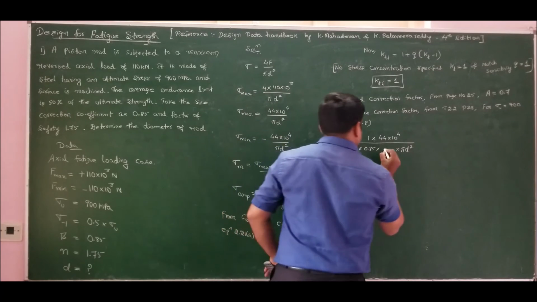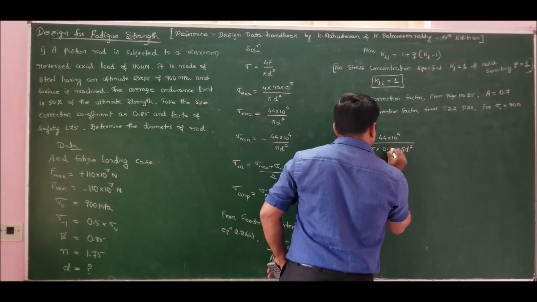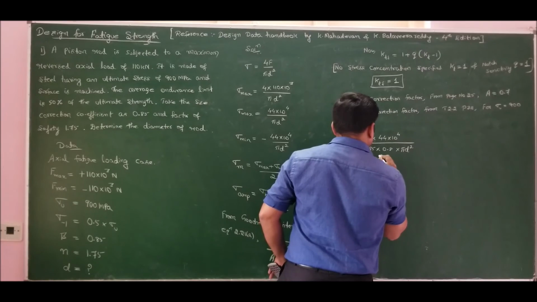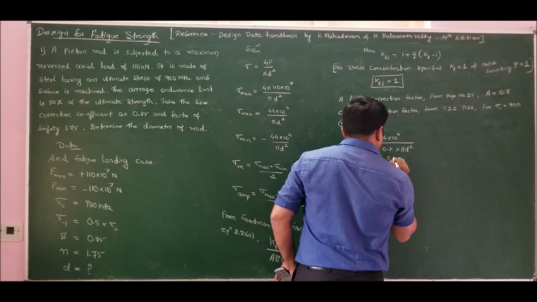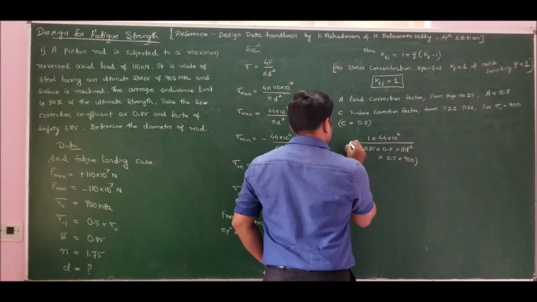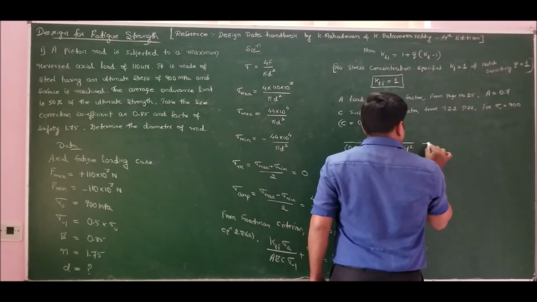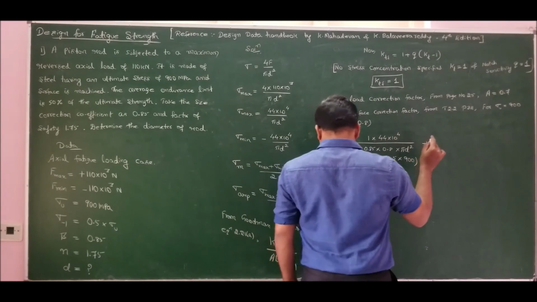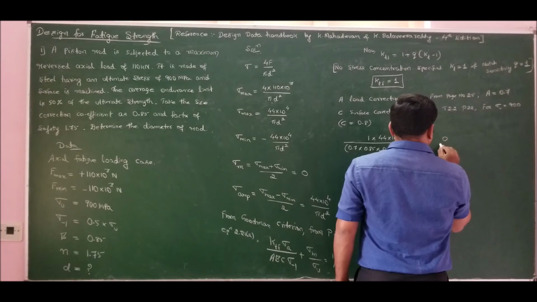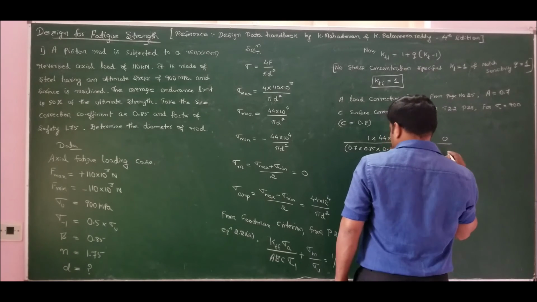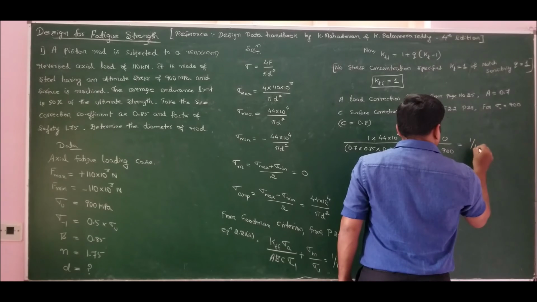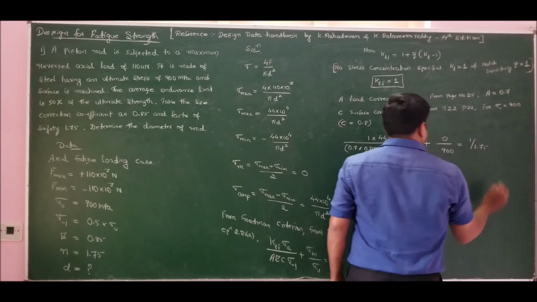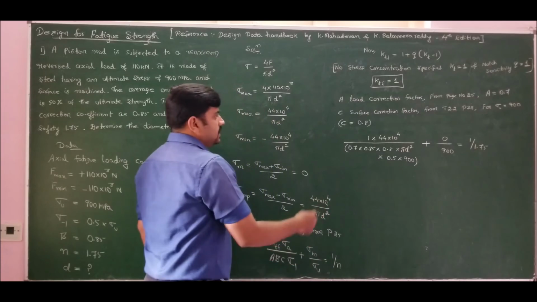Value of C is 0.8. Again, into sigma endurance, which is 0.5 times ultimate, 900, plus sigma mean is 0, divided by ultimate 900, which is equal to 1 by factor of safety 1.75. So 0 by anything is 0.